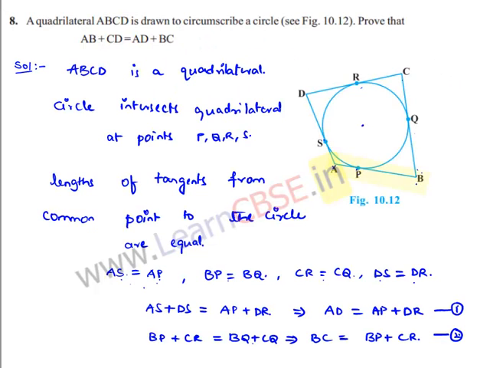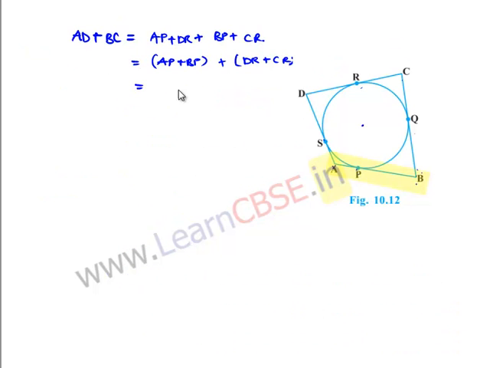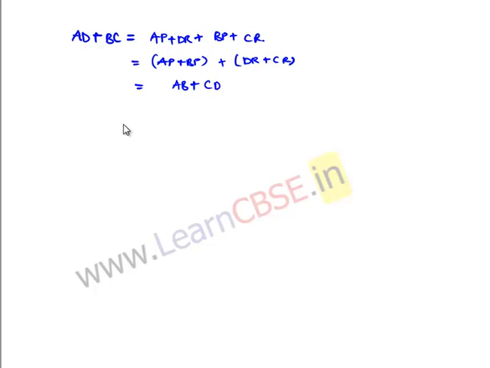Here from the figure we get it as AB, and DR plus CR from the figure we get it as CD. Therefore finally we get AD plus BC is equal to AB plus CD.